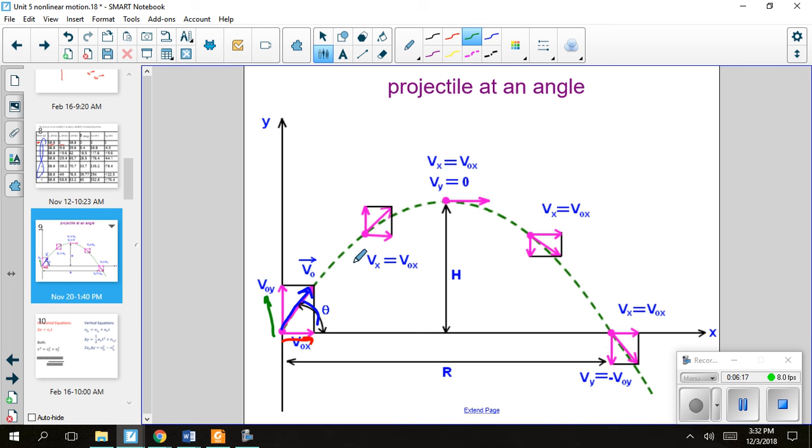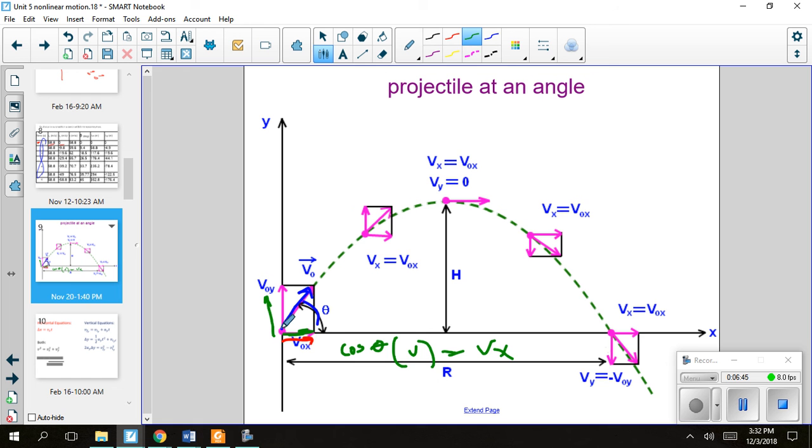The way we're going to look at this is for this x component right here, we can take the cosine of our angle, since that's our adjacent side, multiply it by what our overall velocity is, and that will give us the x. This will remain constant, so this will never change. Notice here, they're all the same.